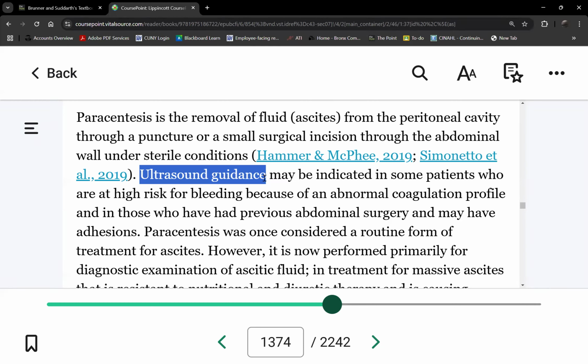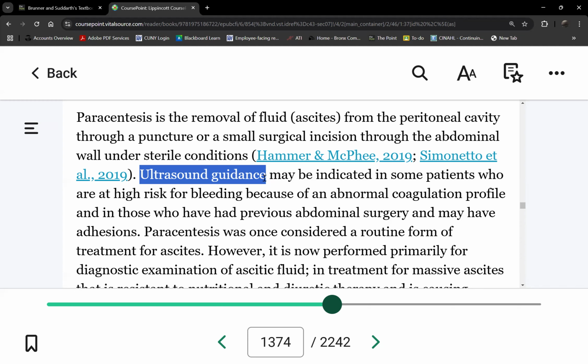Because we have several organs in there, right? We have the stomach, small intestines, spleen, liver, kidneys. You have your uterus there, the bladder, large intestines. So it's all jumbled in there, correct? So is there one spot that all this fluid will gather? No, it will be trapped everywhere.